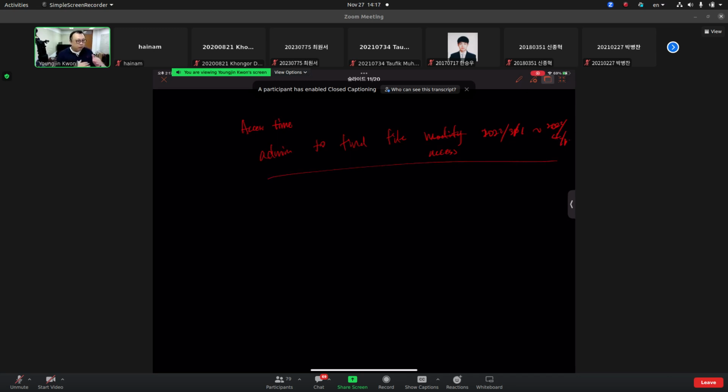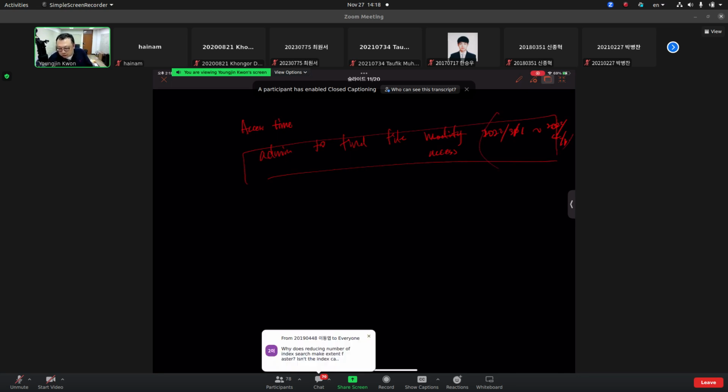I want to know what files were actually read by the attacker. So the administrator scans, querying which files were modified and which files were accessed in this time period. So access time is important. Correctly updating the access time is important for this administrative operation. Does it make sense?